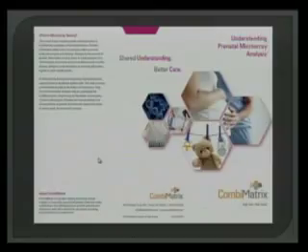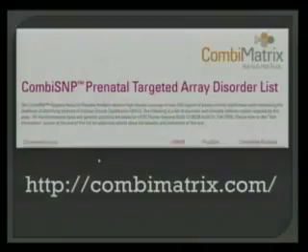If you go to the CombiMatrix website, they have information not only for patients, but also providers. This is the first page in this handout, and it talks about what a microarray is, what types of results there are, why it is being offered to me, etc. The other thing you can find on their website is what the test tests for.